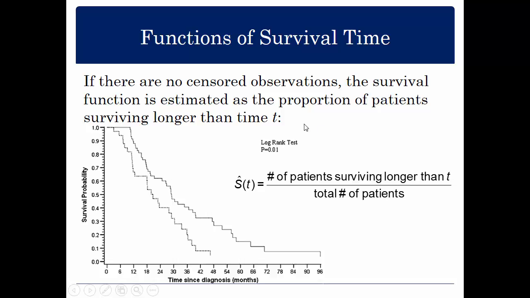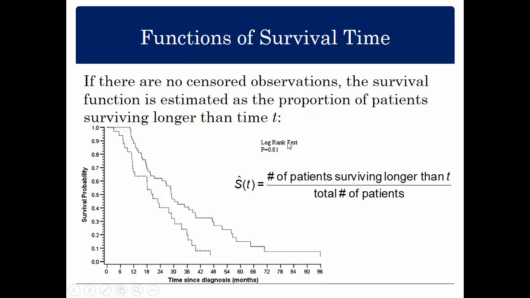The closer it is, the better performing the treatment is in terms of pushing out survival, delaying events, and also keeping the survival probability high over time. So very quickly we can see that this group, represented by the straight line, has improved survival relative to the curve with the dotted line.